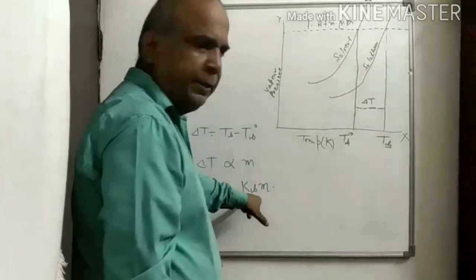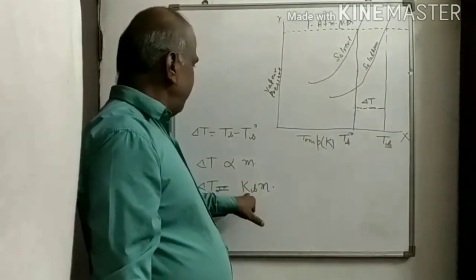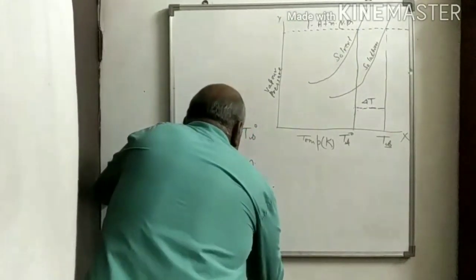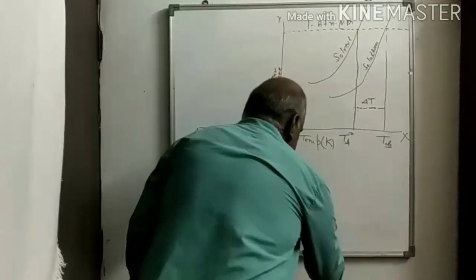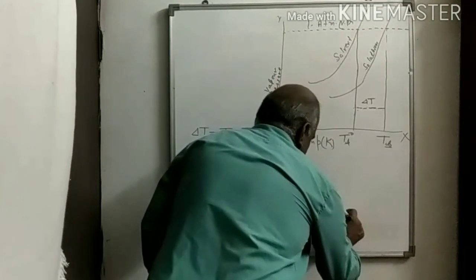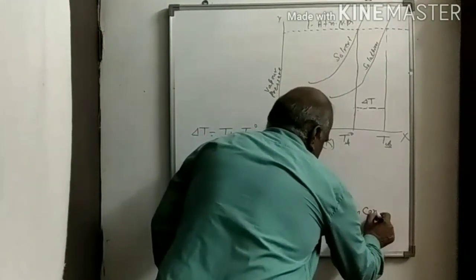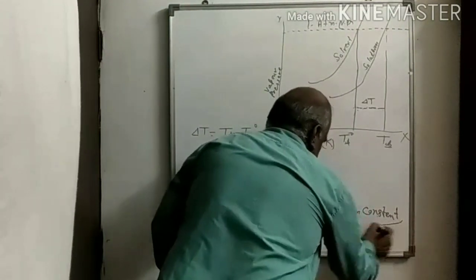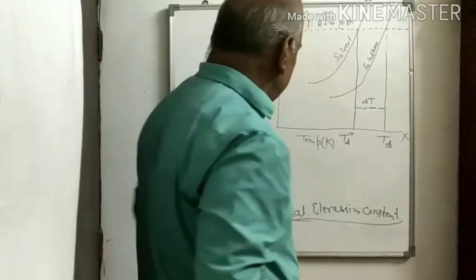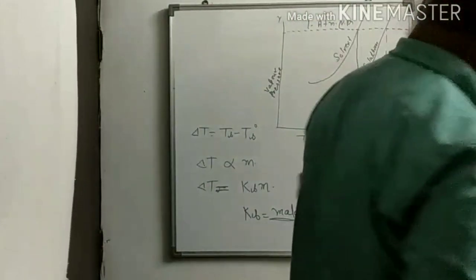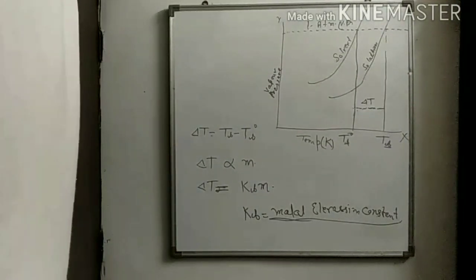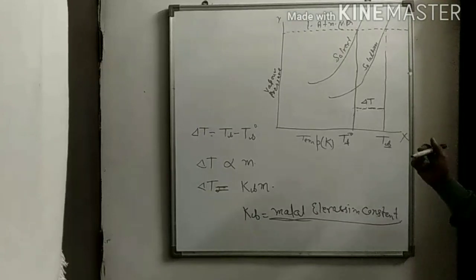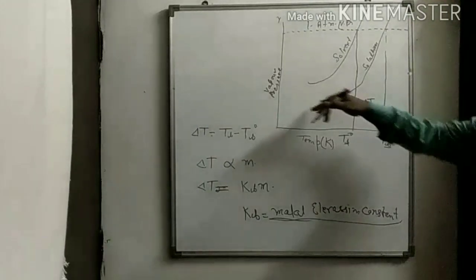This Kb is a constant, and it is called the molal elevation constant. You can see here, the graph is clear.